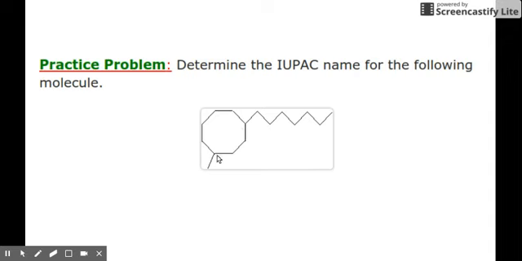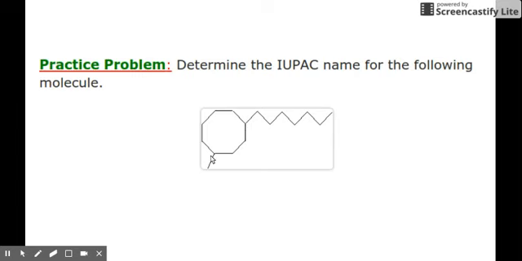So 1 and 6 for the branches, which will give us a sum of 7. If you do it clockwise, that's 1, 2, 3, 4. So 1 and 4 will give us 5. Obviously, we'll do the one that gives us the lower total. So that means the 5, which is the clockwise direction: 1, 2, 3, 4. So we'll have 1 for heptyl and 4 for methyl.